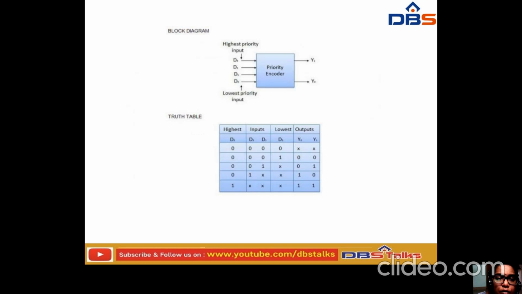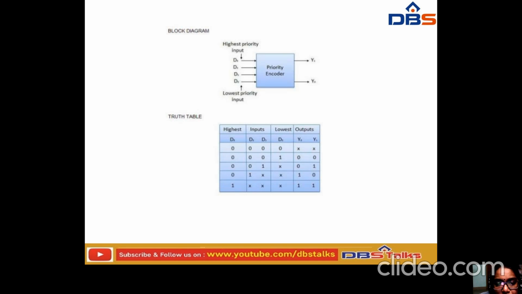See, this is the block diagram of the priority encoder. Here, from the beginning to the end, we are going to give the priority, so from that we will get the output. So this is D0, D1, D2, D3, just like that, 0, 0, 0, 0. Here we have given all inputs as 0, so we do not have any output here. Then 0, 0, 0, 1.